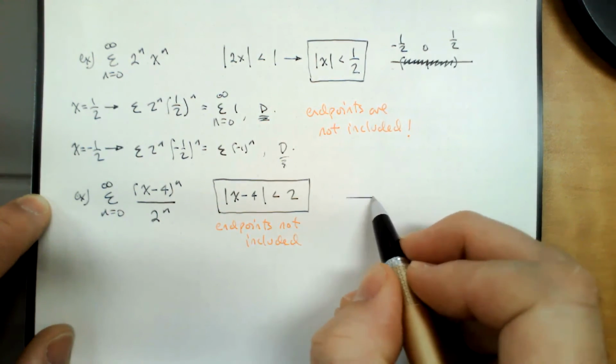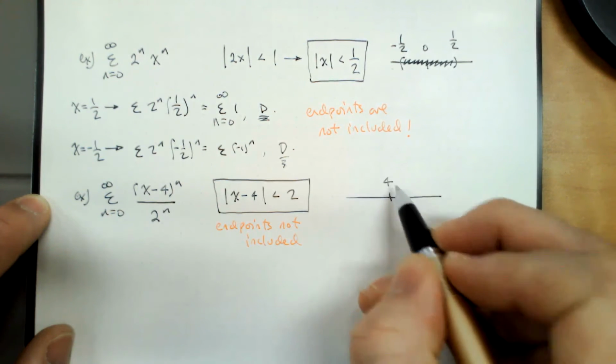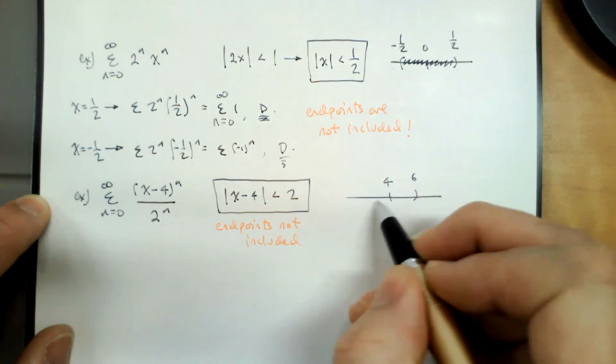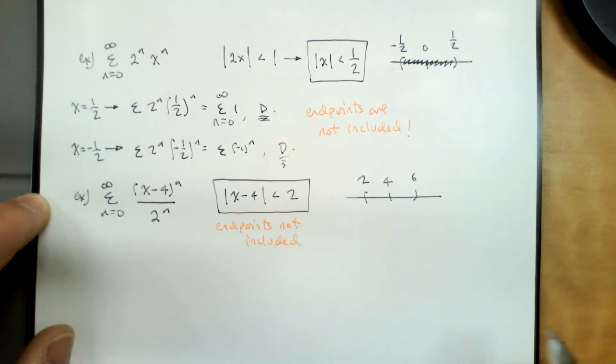And we've just taken our center, moved it to 4, but now we have a radius of 2, all the way up to 6 and down to 2.